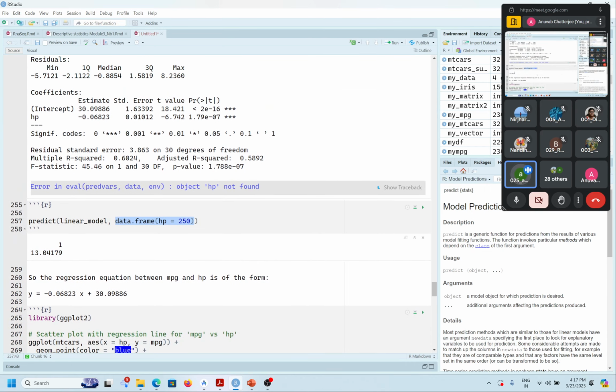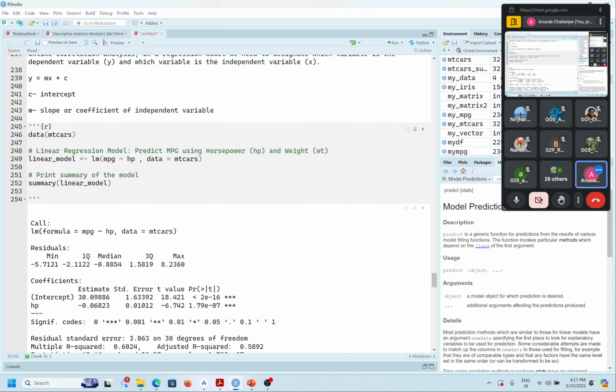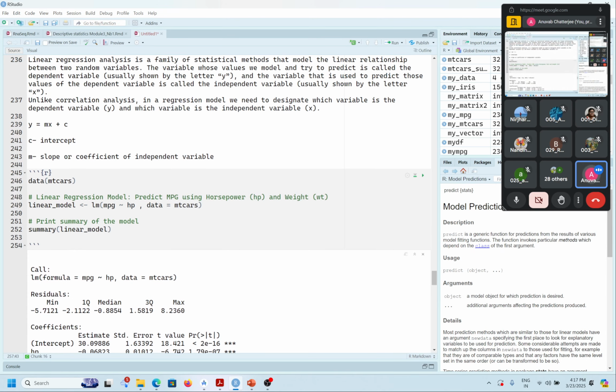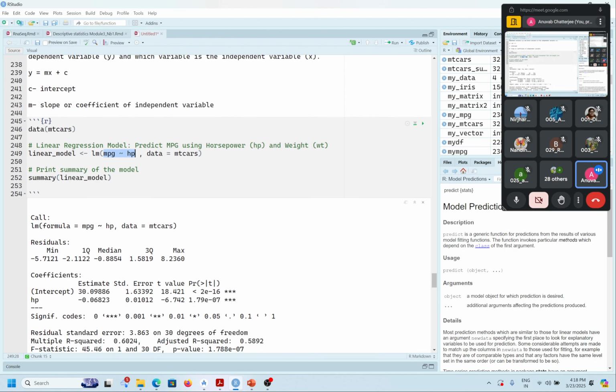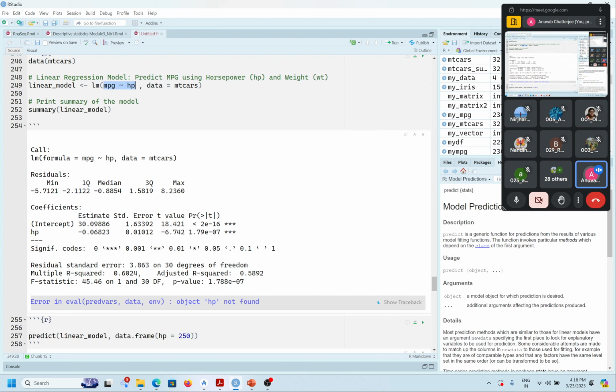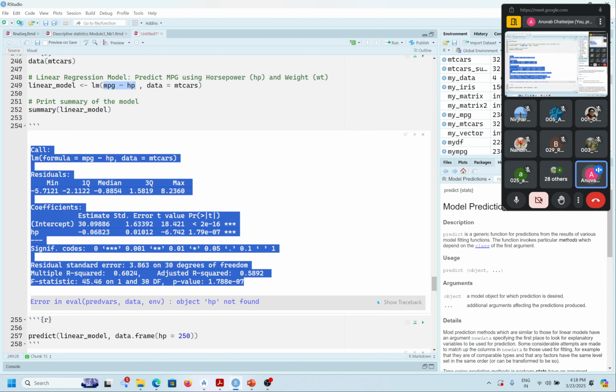So we were predicting between mileage and HP, we wanted to find a relationship, and it produced this huge model.